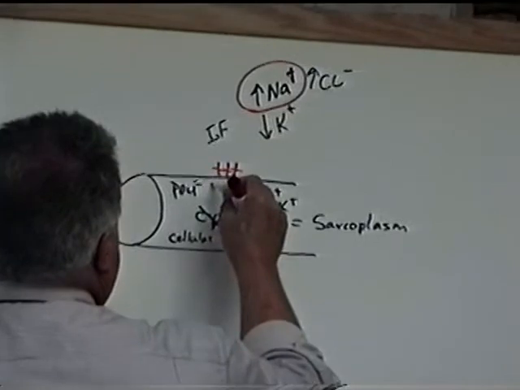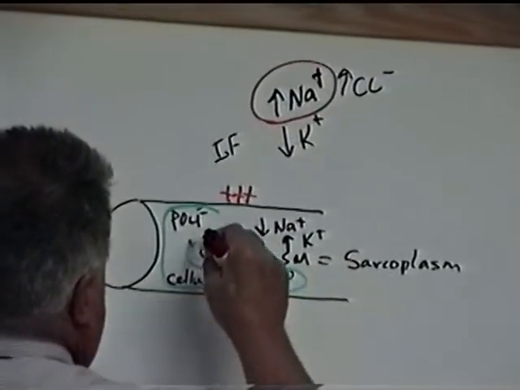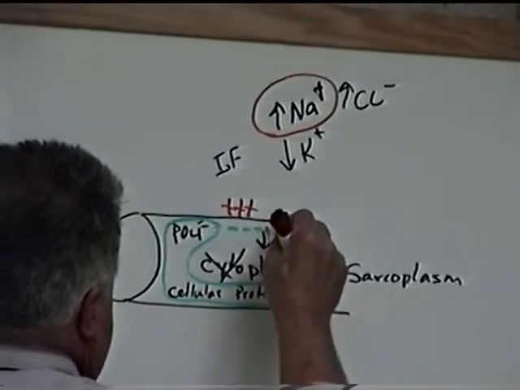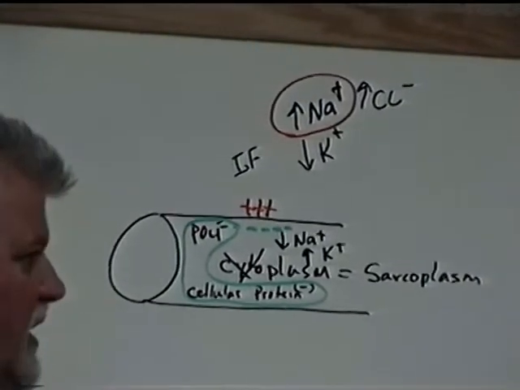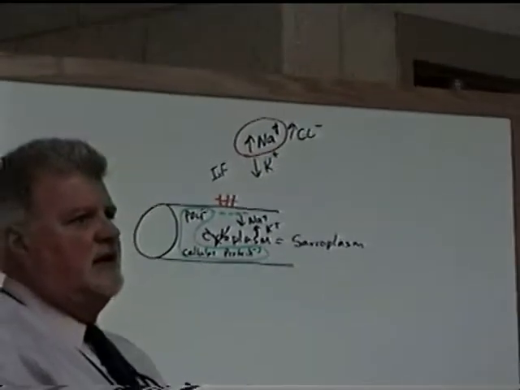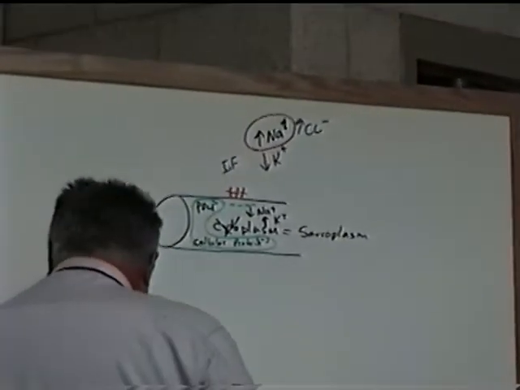And because of the phosphate plus these negative cellular proteins, we end up with a slight negative charge on the inside of the membrane. So we get a charge disparity across the membrane, and that's the way we can actually carry current.